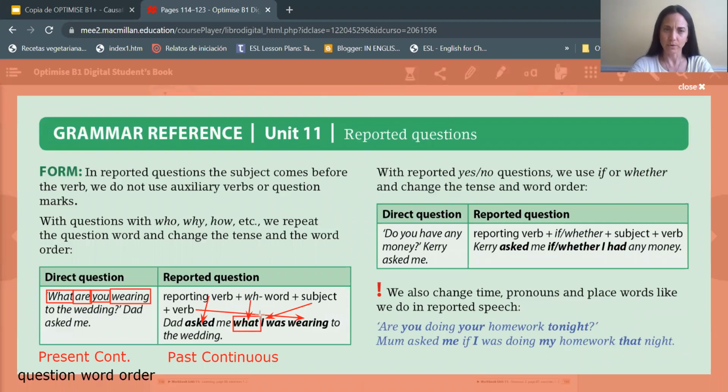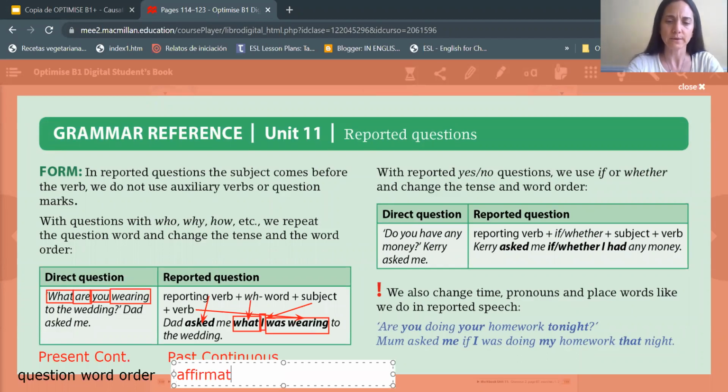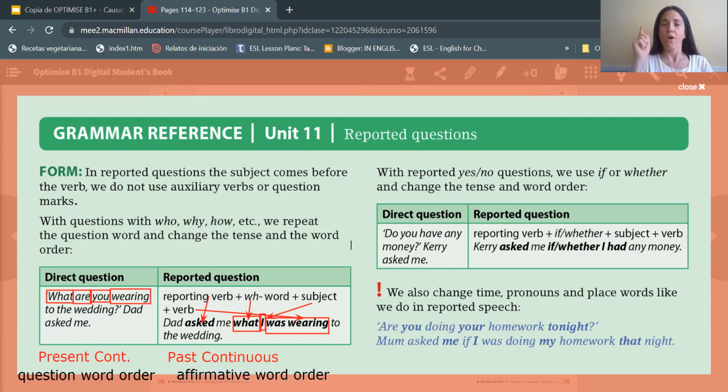We have the WH plus I, the subject, plus was wearing. This is the verb. Yes? Okay, as you can see, what we have is an affirmative word order. So there are two things we have to change. The word order and the tense, one tense backwards, okay?